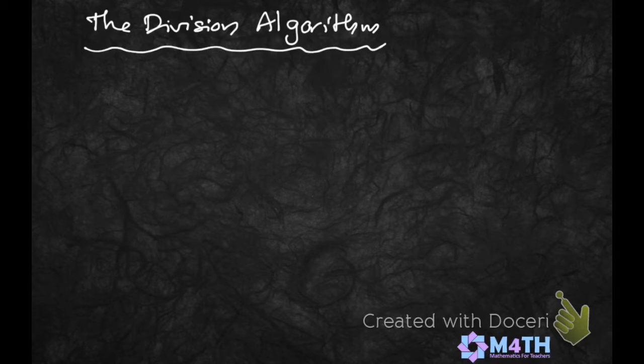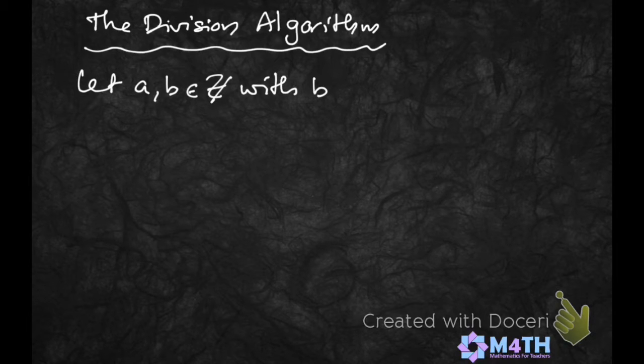So in this video we will talk about the division algorithm. Before we look at examples, let's define what we mean by division algorithm. Let's say you have two integers a and b, with the condition that b is positive.